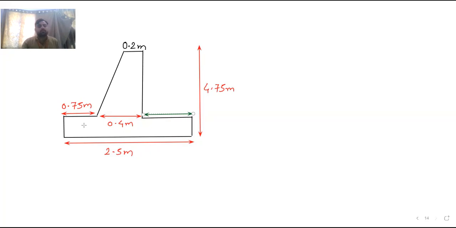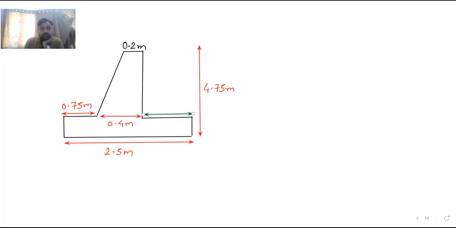From that you can subtract 0.75. What is the answer? 1.35.